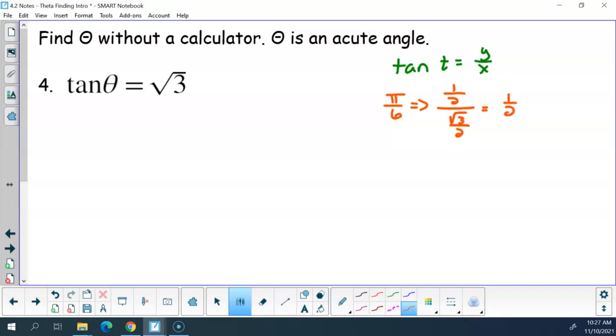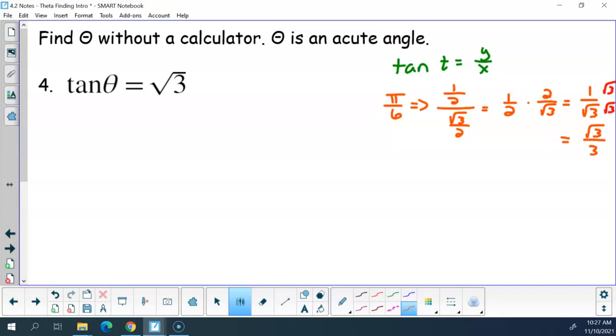Keep, change, flip, is going to be 1 over the square root of 3. And if I rationalize that, multiplied by the square root of 3 over the square root of 3, then that's going to give me the square root of 3 over 3. Not equal to the square root of 3.